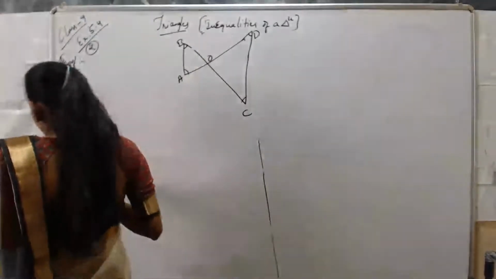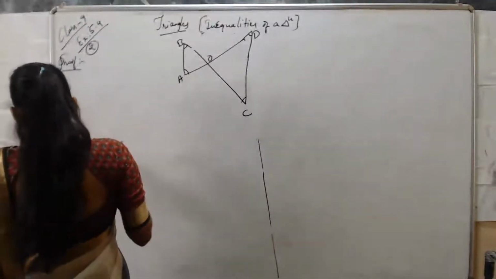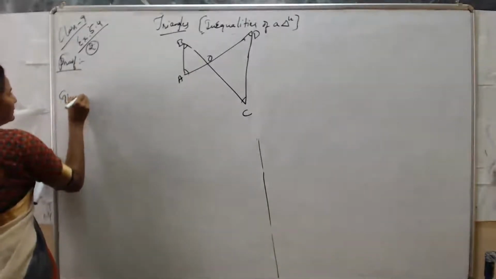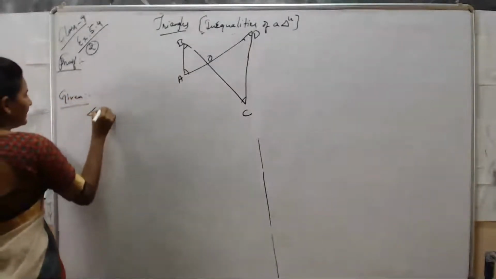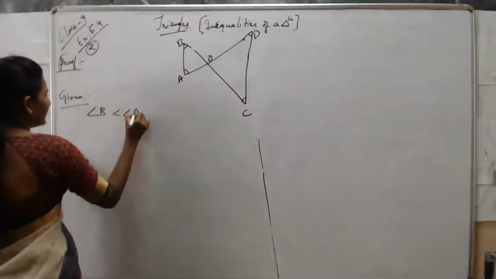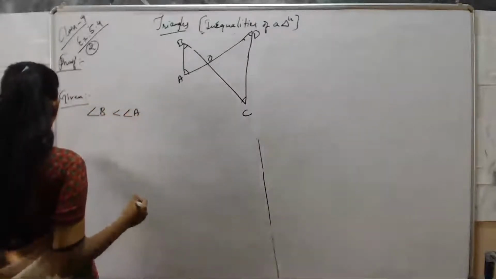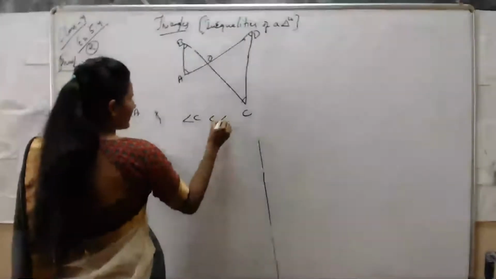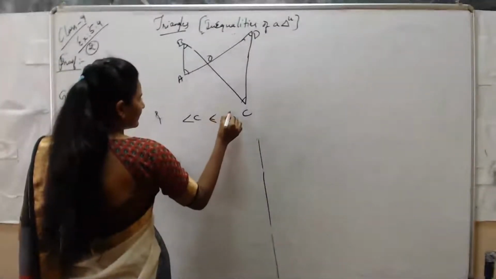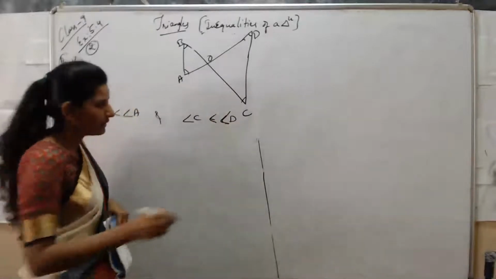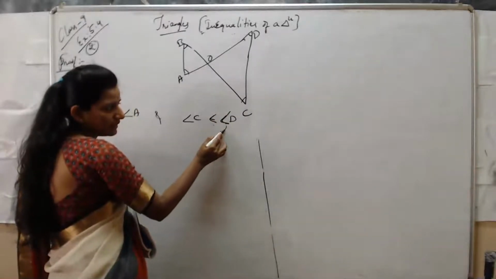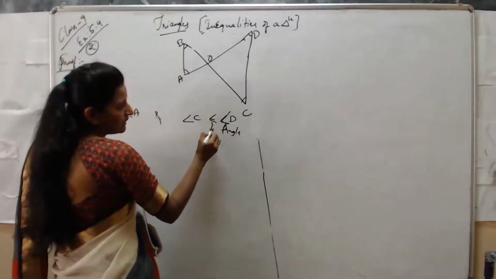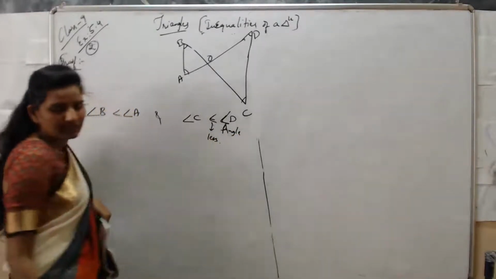Angle B is less than angle A, given. Angle C is less than angle D. This is the given. See, there is a difference between the angle symbol and the less than symbol.